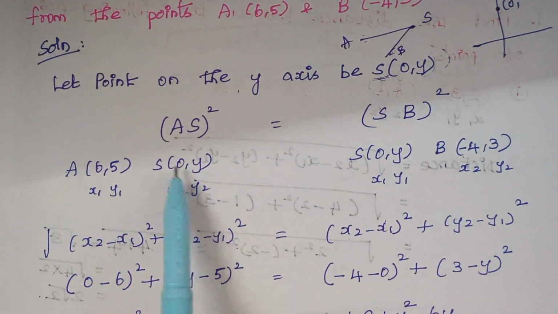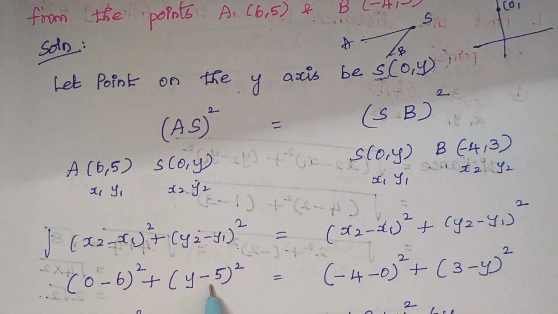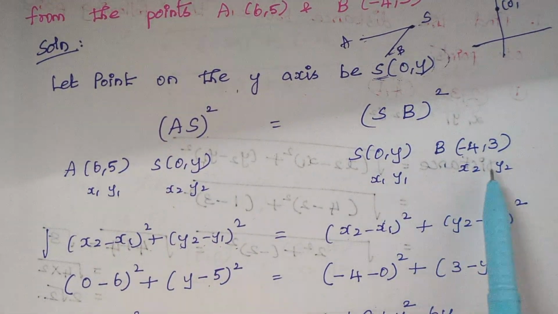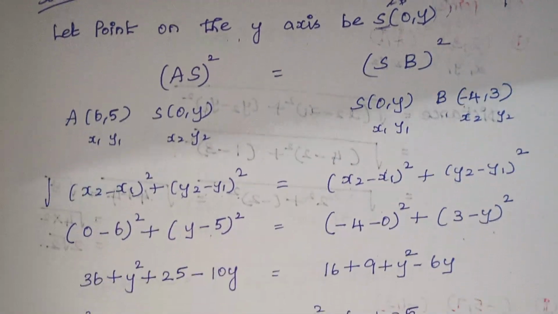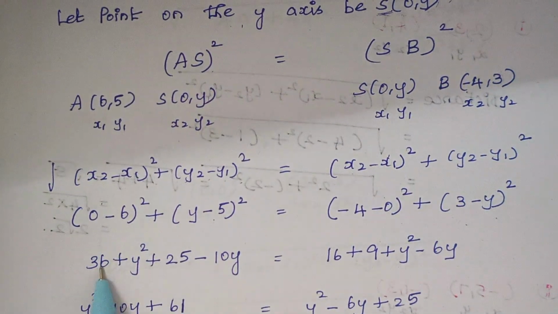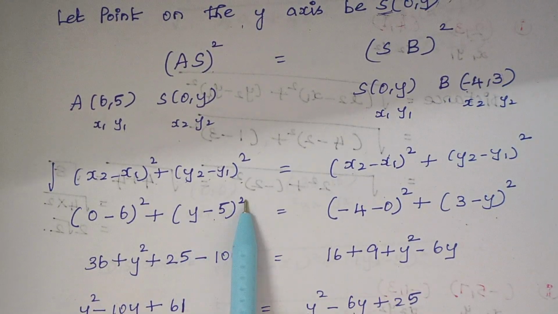Again substitute. So 0 minus 6 the whole square plus y minus 5 the whole square is equal to, again, minus 4 minus 0 the whole square plus 3 minus y the whole square. Now again we are going to expand. So here minus 6 square is 36 and here this is of the form a minus b the whole square.